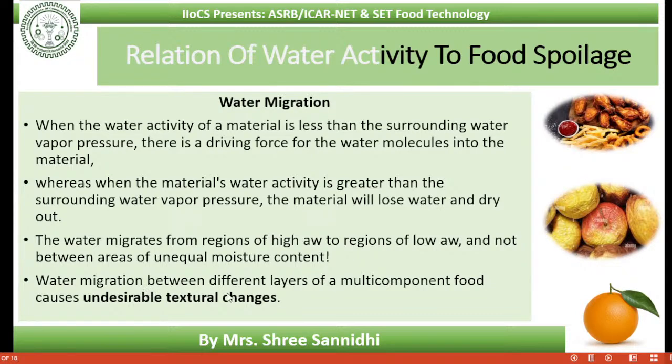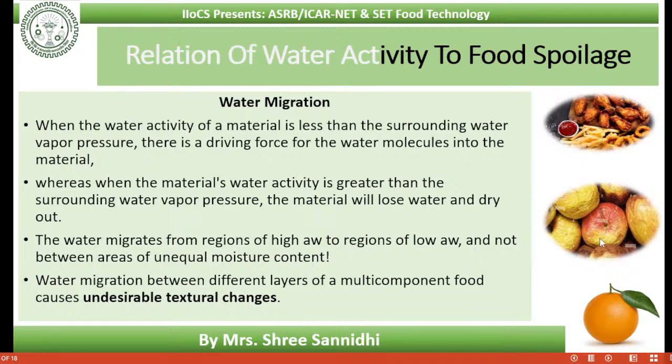Water migration between different layers of multi-component food can cause undesirable textural changes. Okay, so this causes food spoilage. Even the water coming out from such food may facilitate the growth of microorganisms. Here we can see apples and fried foods.